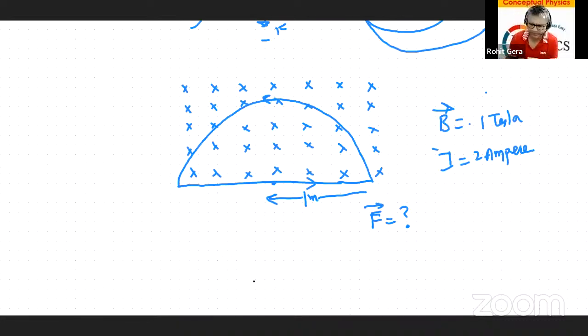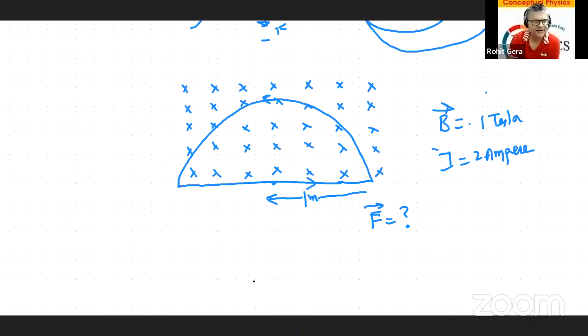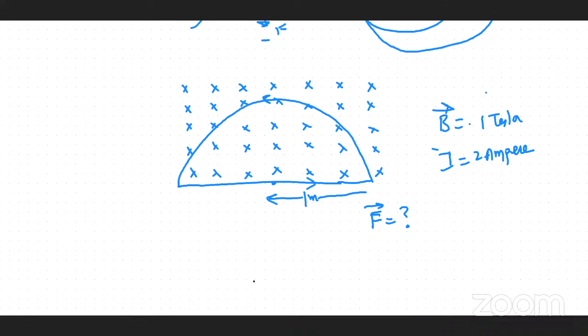Should I help you? So when it is perpendicular, theta is 90, right? So every element is at 90 degrees with the magnetic field. Even if you divide it into small parts, what will happen?